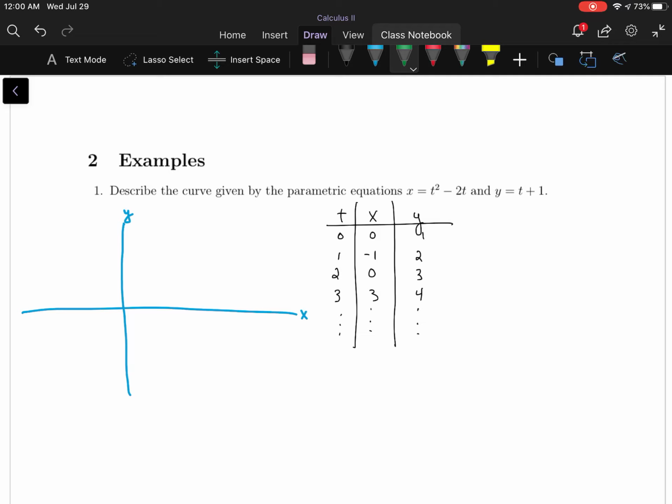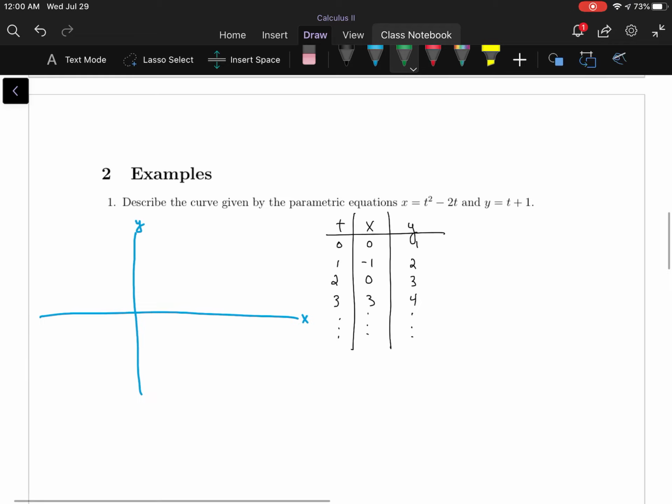So plotting on the xy coordinate system, when t is 0, we have the point 0, 1, which is about here. When t is 1, we are at negative 1, 2, which is about there. When t is 2, we are at 0, 3, which you could see is there.